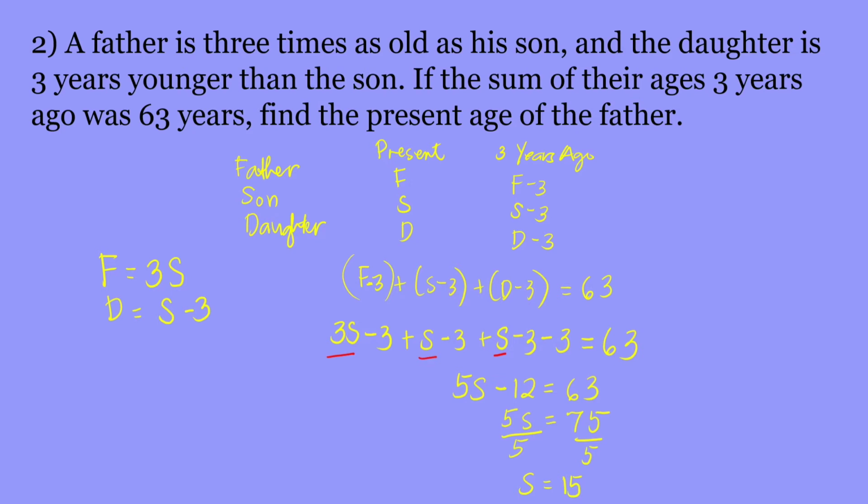And that's actually the present age of the son. Now, if S is equal to 15, 15 times 3, therefore, the age of the father is 45. And if D is equal to S minus 3 and S is 15, 15 minus 3, therefore, the age of the daughter is 12.